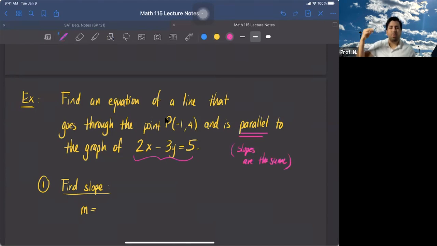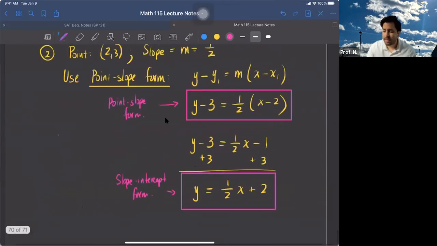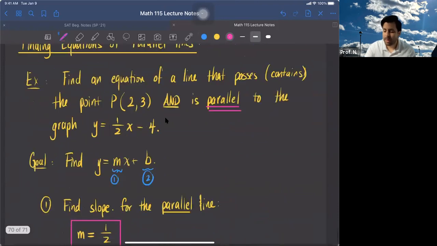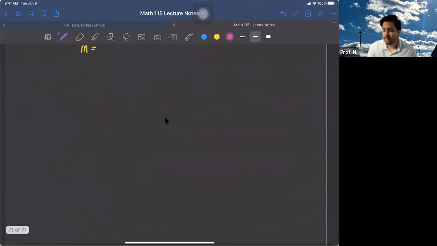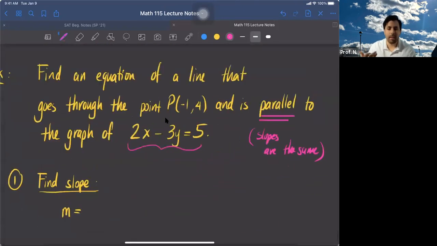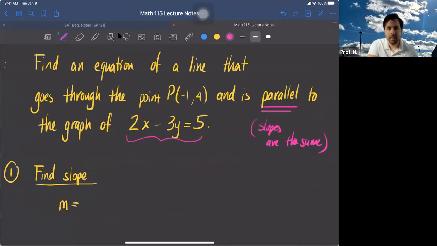Now the question is, what is the slope? Now you see how in the previous example, I was able to find the slope almost immediately because it was in slope-intercept form. 1/2 is the slope. The problem is, this slope here is not immediately seen. So then what am I supposed to do on my end?